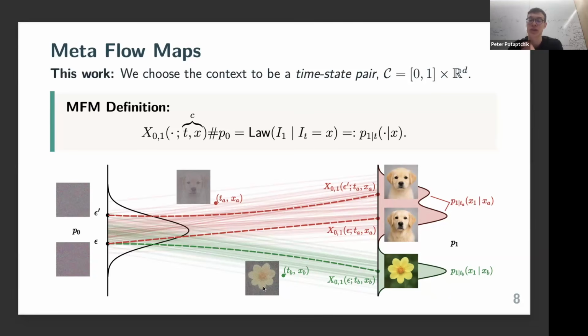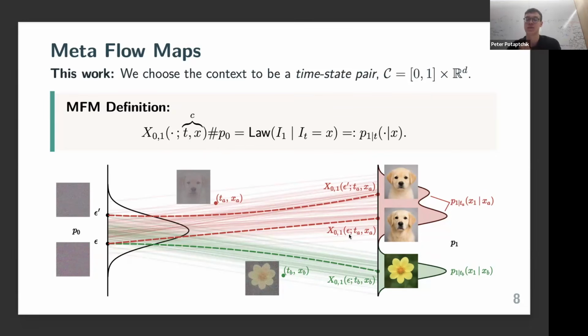On the other hand, let's say that I observed a noisy image like this one. Clearly, it's a noisy flower, right? So the posterior distribution of what was the clean image that gave rise to it is going to be something like this distribution here. If I plug in this other conditioning information, this new T and X, the noisy flower, into my meta flow map, I now want to transport the Gaussian distribution to this other posterior distribution.